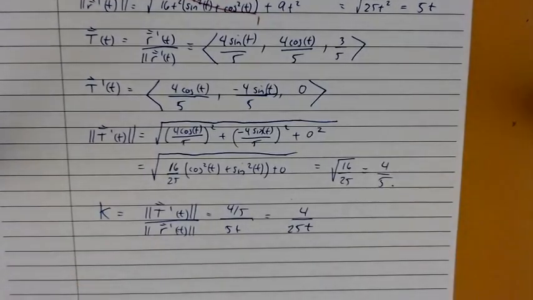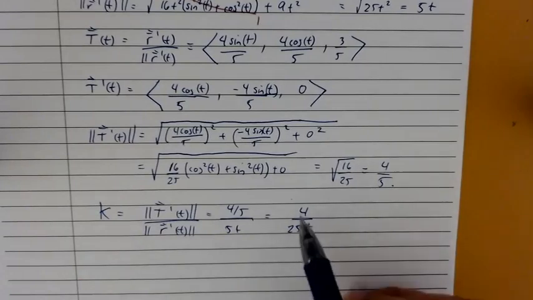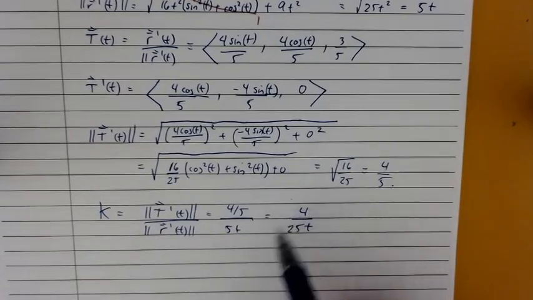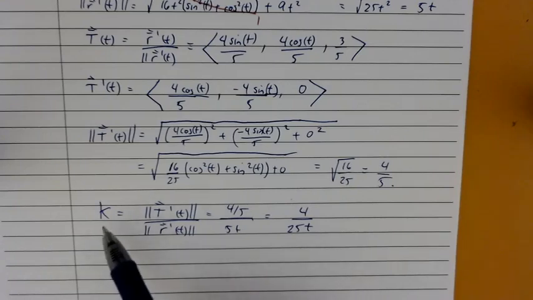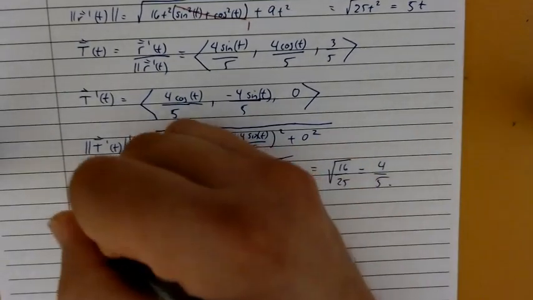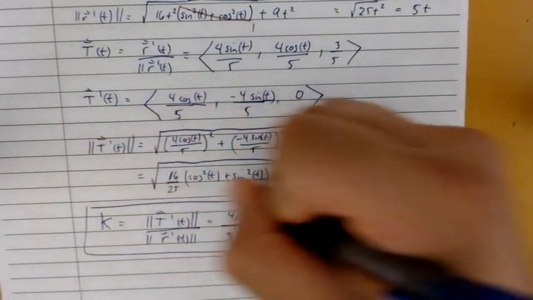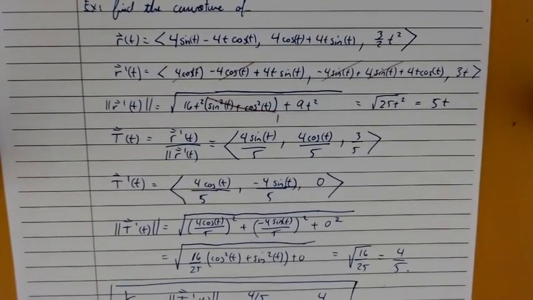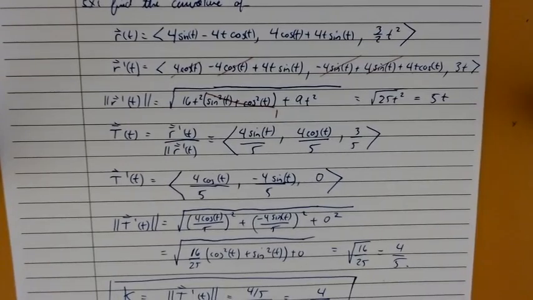And there's our curvature. Note that that is variable and based off of t. As t gets larger, the entire thing gets smaller. So it looks like as t grows, your curvature shrinks. So that is our result. That is still a bit of a lengthy computation, but nowhere near as much as you would have if you started from scratch by the definition.